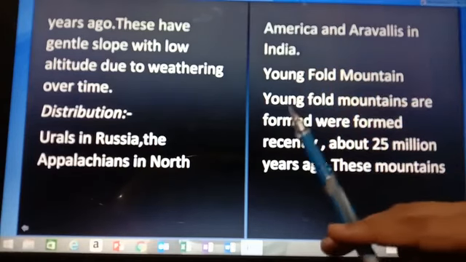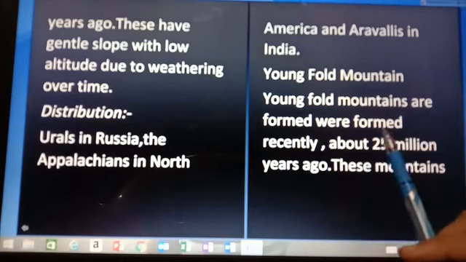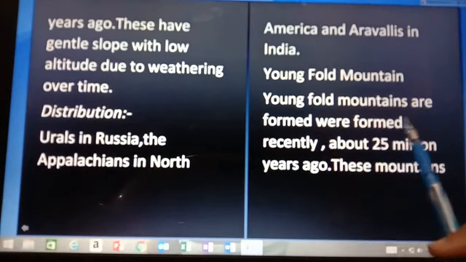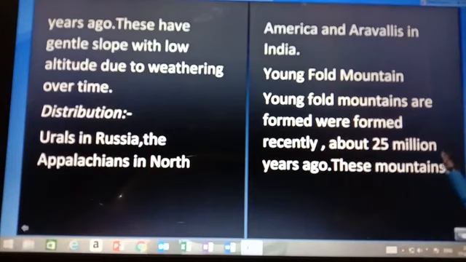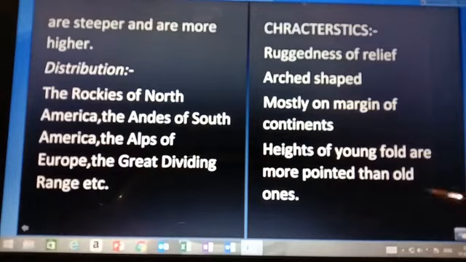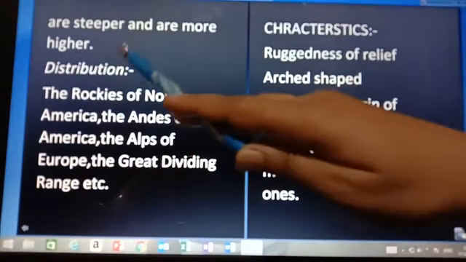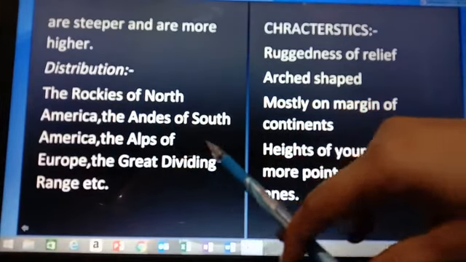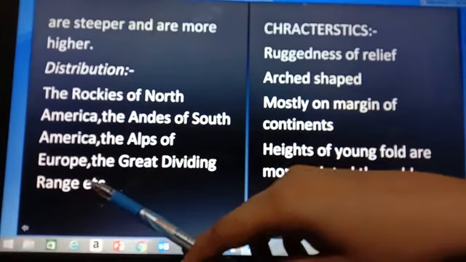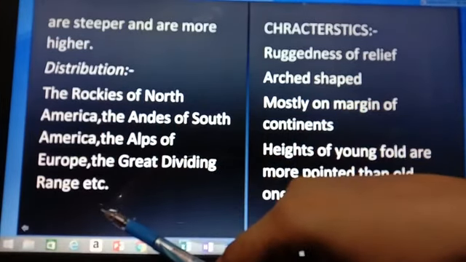Young fold mountains, children, were formed recently. How recent? About 25 million years ago. These mountains are steeper and higher. Distribution: Rockies in North America, Andes of South America, Alps of Europe, and Great Dividing Range.